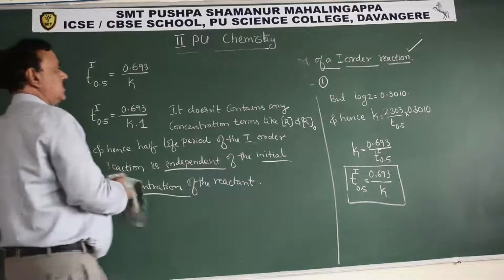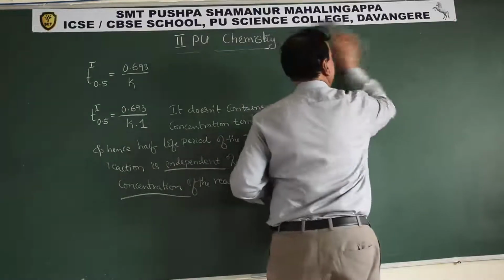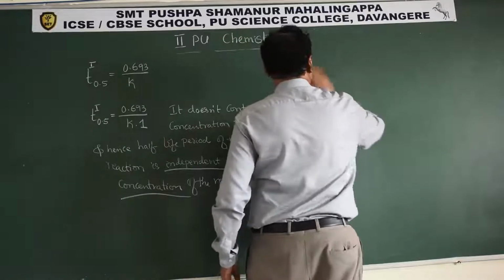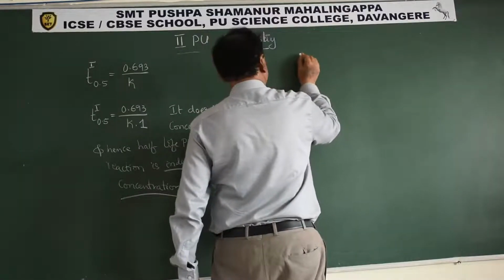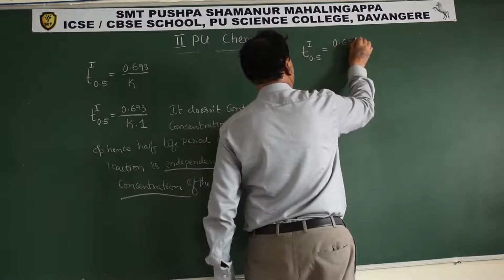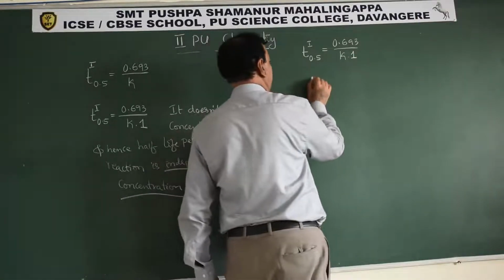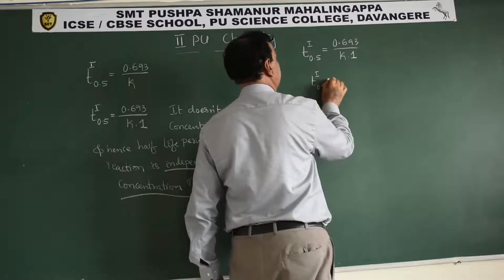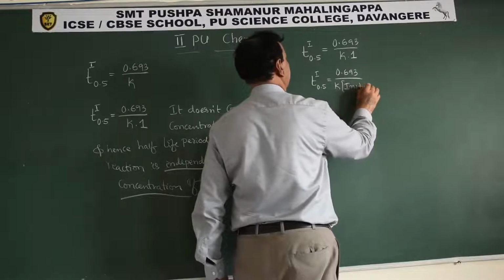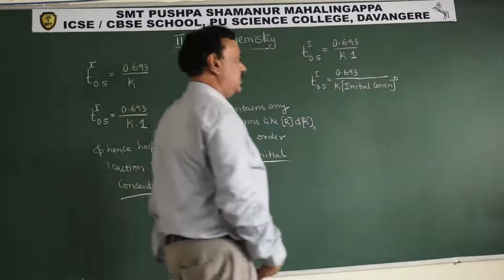Now see, this is for an expression. The half-life period of the first order reaction is equal to 0.693 divided by K into 1, or T half is equal to 0.693 divided by K into the initial concentration to the power 0.